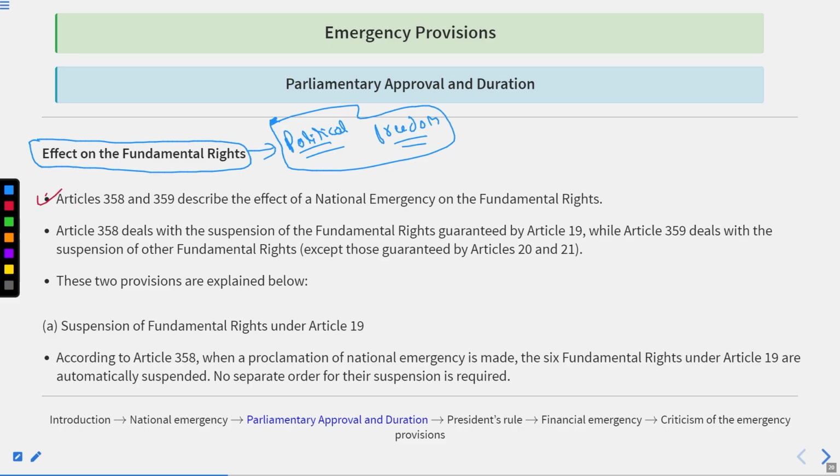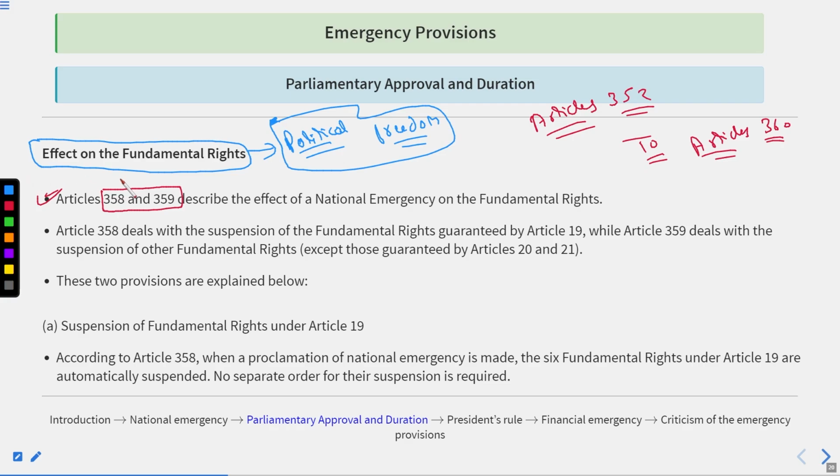First, Article 358 and 359, because the emergency provisions lie from Article 352 to Article 360.